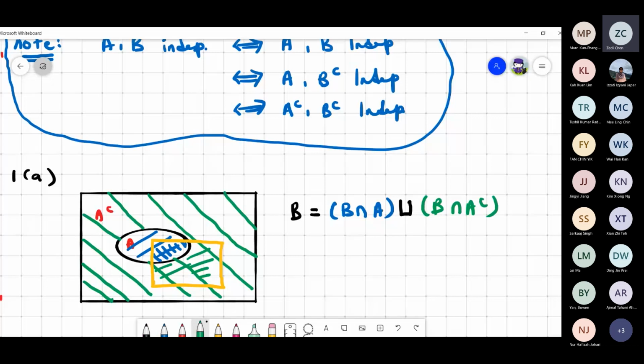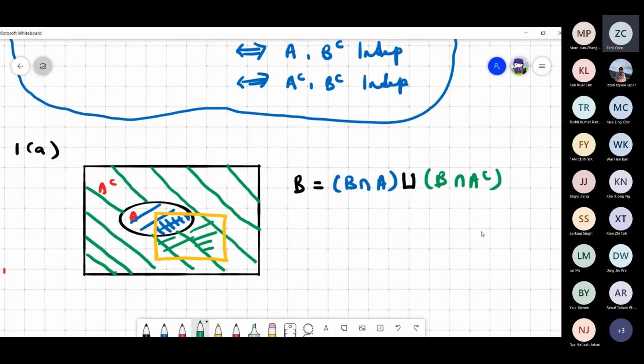This is what we can see from here, and you can see these two parts are disjoint. So B can be written like this, and B and A together with B and A complement are disjoint.